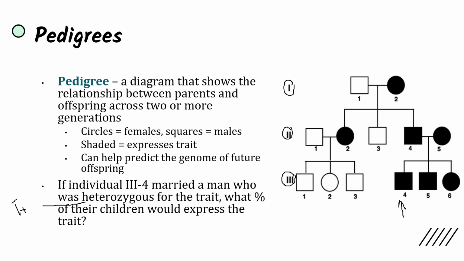So let's do some math here. The original mother had the trait, however, the father did not. Their offspring, they had 3 children, 2 of them had the trait, and the last one didn't. Now, in a family where both parents had the trait, all of the offspring also have the trait.